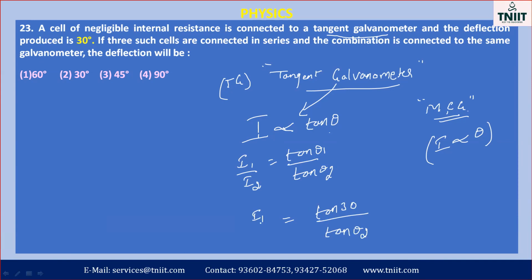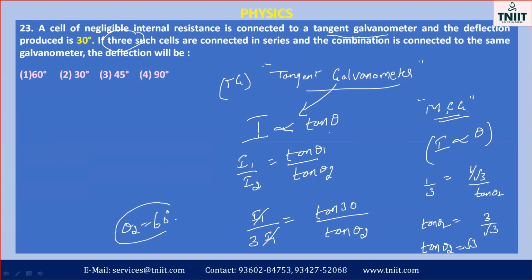First current, let it be I1. For the second current, they are using 3 such cells, not a single cell, so current will be increased by 3 times. So 1 by 3 equals tan 30, which is 1 by root 3, by tan theta 2. Cross multiply, tan theta 2 will be 3 by root 3, or root 3. This implies theta 2 equals 60 degrees. So option 1 is the right answer.